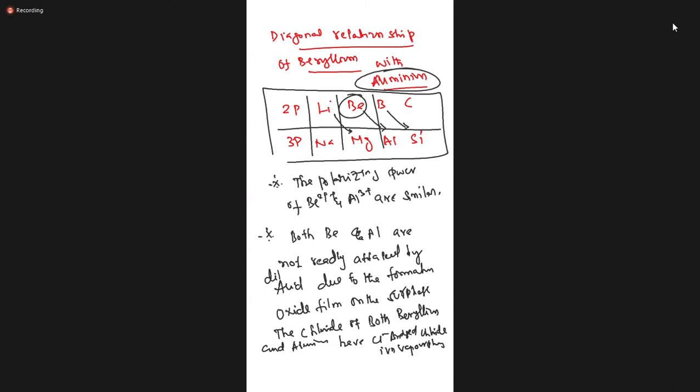This is the other reason. Both beryllium chloride and aluminum chloride will give rise to bridged chloride ion.